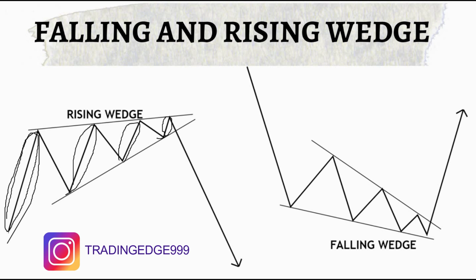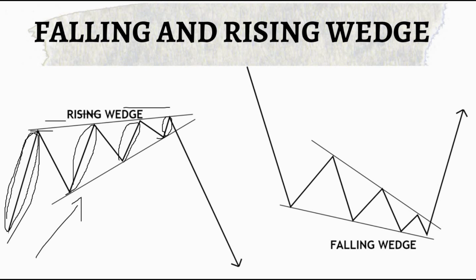But what is happening in this uptrend? The buying pressure is getting weaker and weaker. So what does it indicate? It is indicating that buyers are stronger and they are pushing the prices towards the upside, but the momentum of the buying pressure is getting weaker and weaker in this established uptrend.